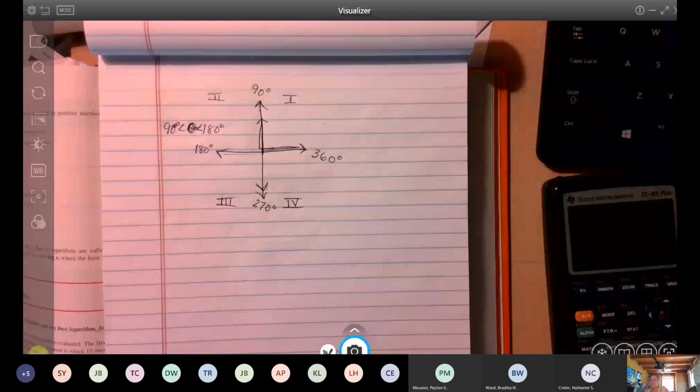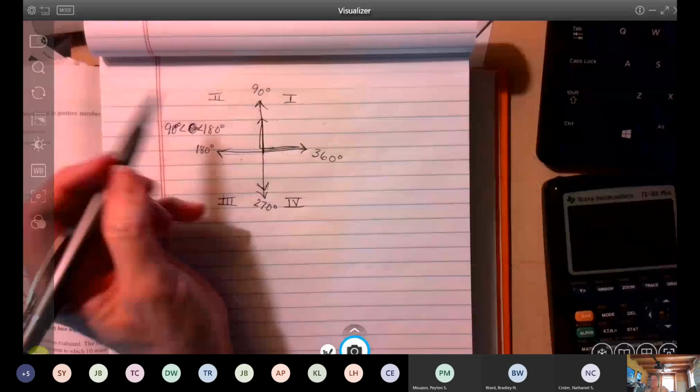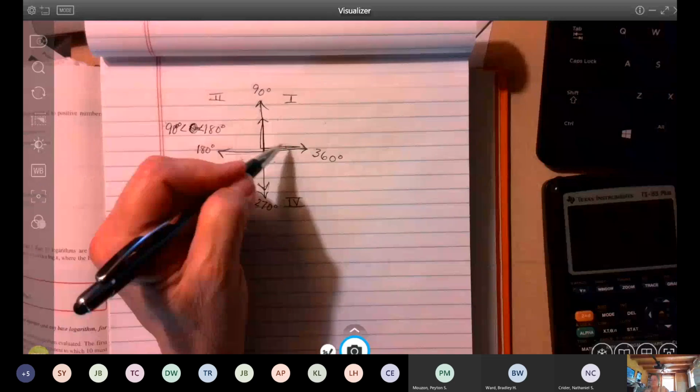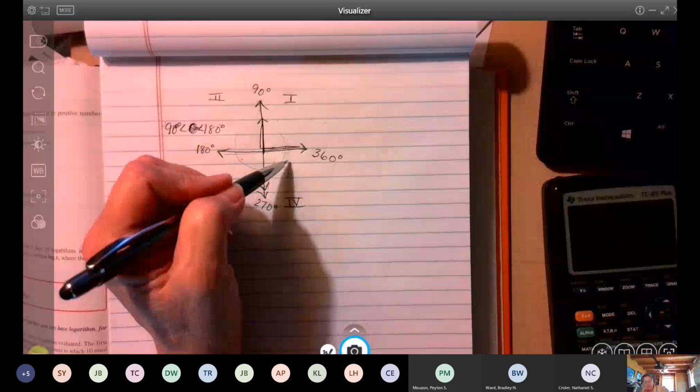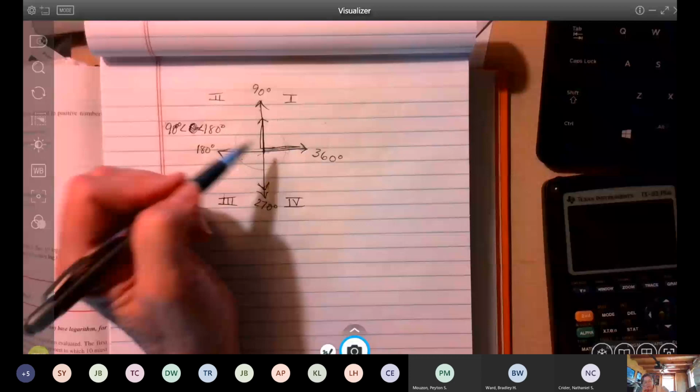So if we know that a circle goes around 360 degrees, makes one circle, what happens when I have an angle that goes around and forms 720 degrees? So 360 times 2 is 720. So those are called coterminal angles.